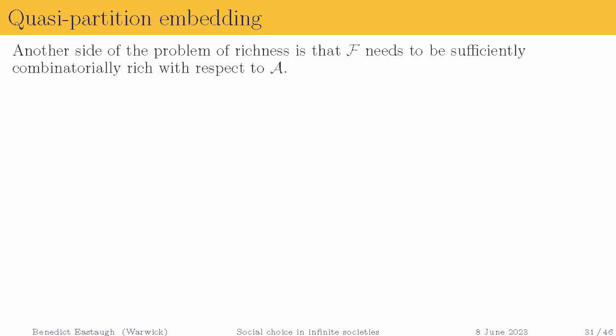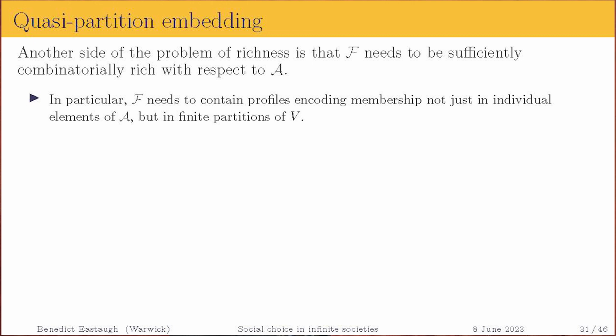The other side of this richness problem is that the set of profiles needs to be sufficiently combinatorially rich with respect to the set of coalitions. In some sense this is just to make proofs go through: our set F needs to contain profiles that encode membership, not just in individual coalitions, but in finite sequences of coalitions, finite partitions of V, in fact.